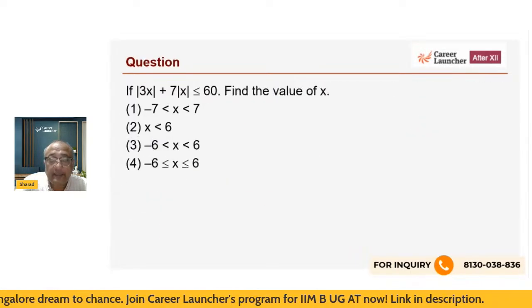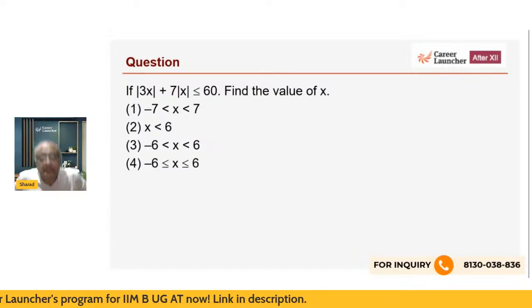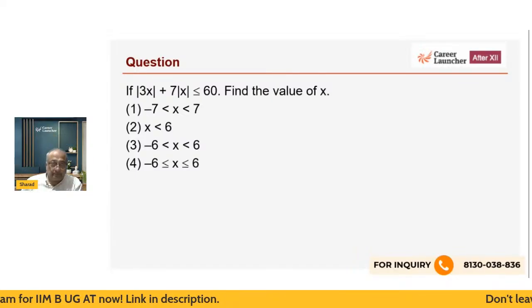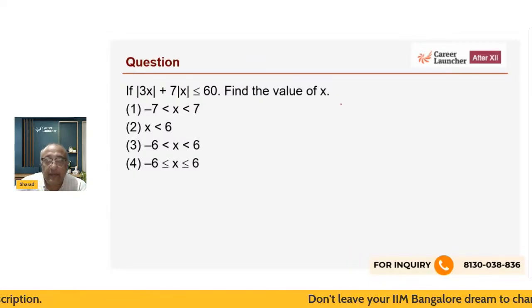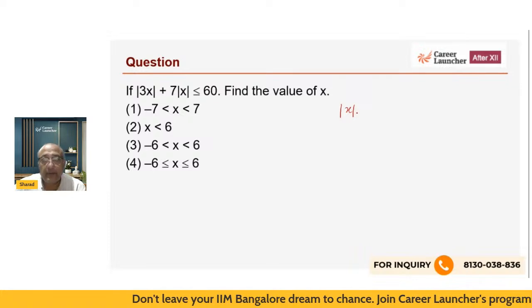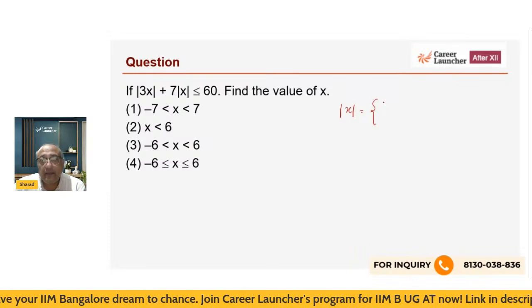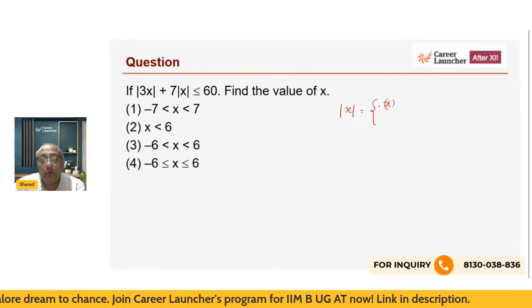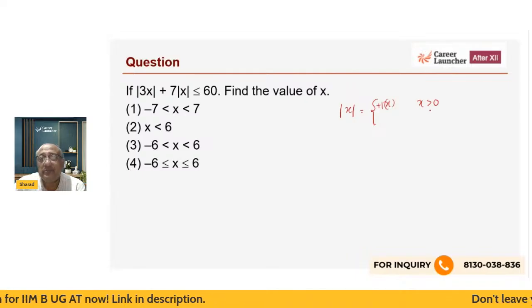Okay, let us go to the next part, which is the modulus function. In this question, please remember wherever you have a modulus x, it actually means x times plus 1 when x is greater than or equal to 0.